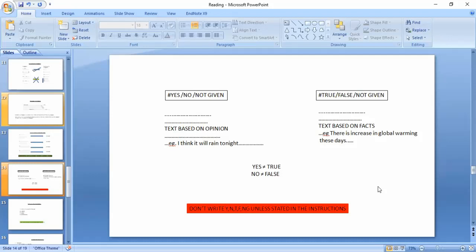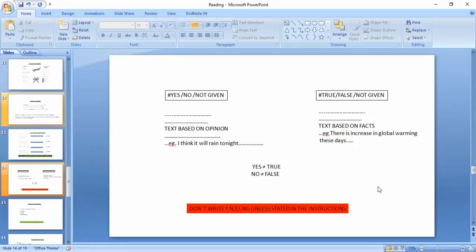For example, I think it will rain tonight. It's just a thinking. It's just an assumption. It's just an opinion. And the questions based on these types of text would be like yes, no, and not given.